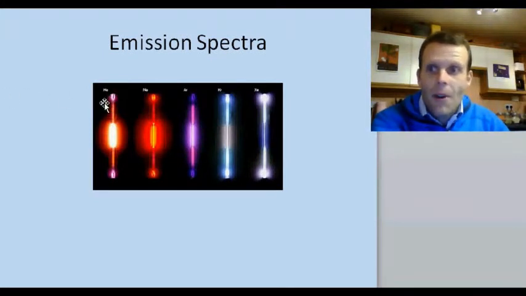But a very big part of what we're dealing with today is these emission spectra, and we touched on them in the last presentation. You hopefully have seen them when you do the experimental work in the labs: these gas discharge tubes.